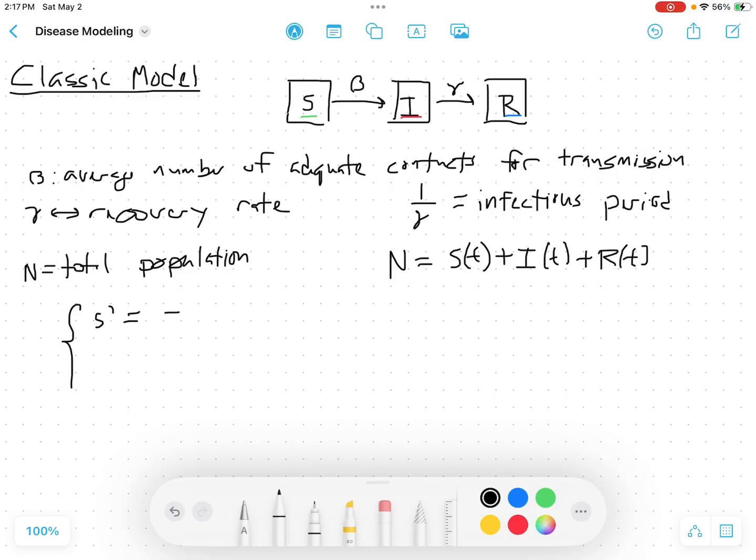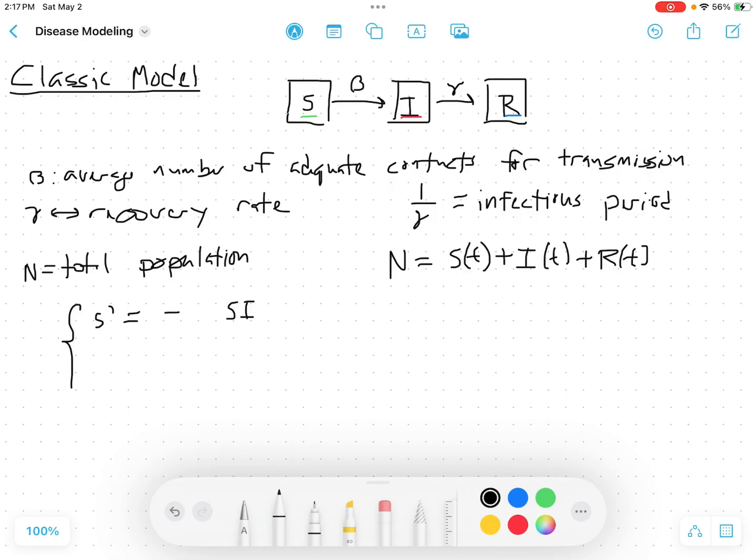So, in order to get a measure of that, we're going to multiply together the number of people who are susceptible times the number of people who are infected. That gives us some sense of, on average, how often susceptible and infected individuals meet. Again, if you're studying animals or something, this might not be people, but for shorthand, anyway. Multiply S times I to get a sense of the frequency of adequate contacts for transmission.